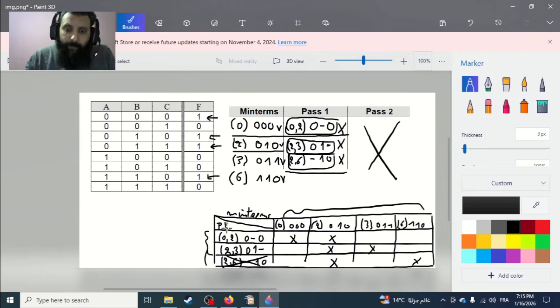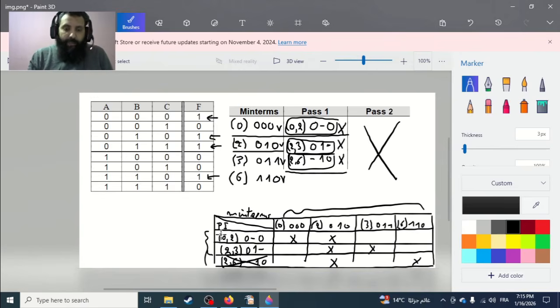If it's possible, we have to take the minimum. You have to remember that we are trying to reduce. We have to get the minimum number of prime implicants possible to cover all the min terms. This is the goal, the purpose of stage 2 of this method.